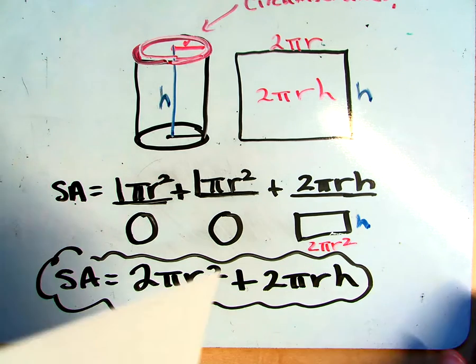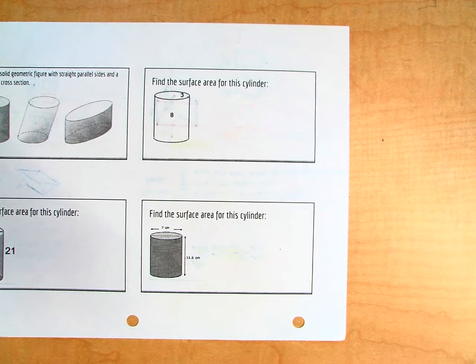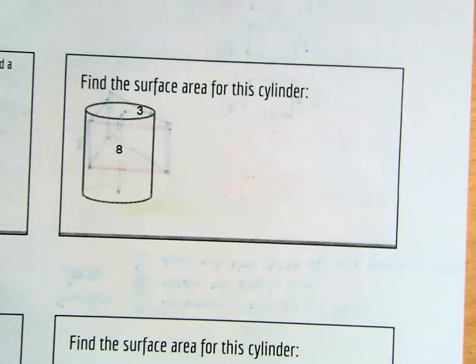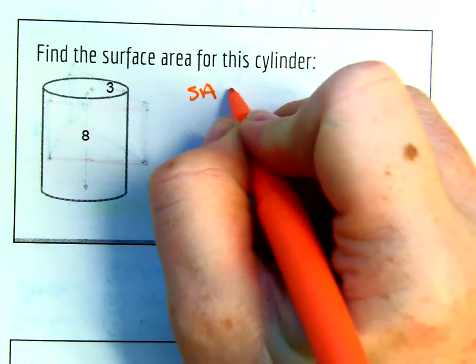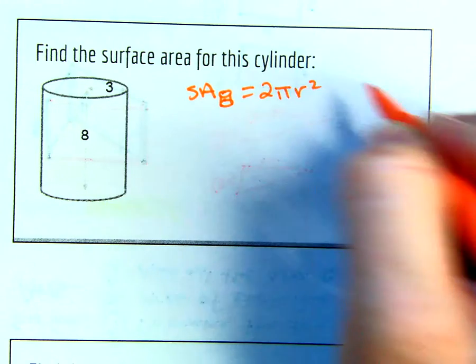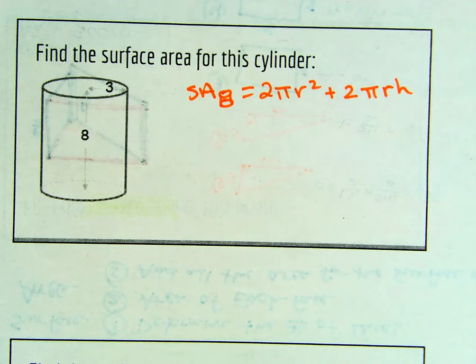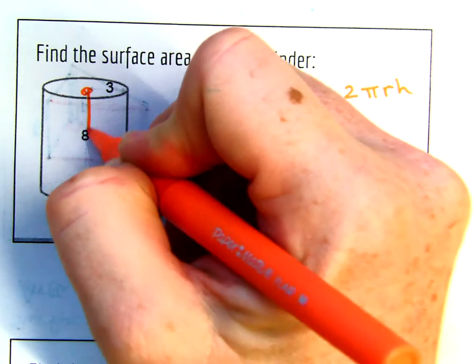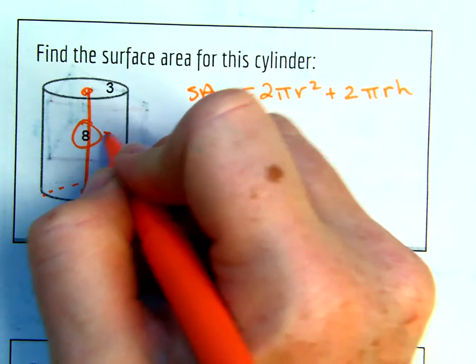Because I know my formula, I can just use it to find the examples in the notes. So if I'm looking at this very first example here, let me zoom in so that we can get a closer look. Okay, so I have a formula. Surface area of a cylinder is 2 pi times radius squared plus 2 pi times radius times height. And height is going to be this length right here, which is 8.